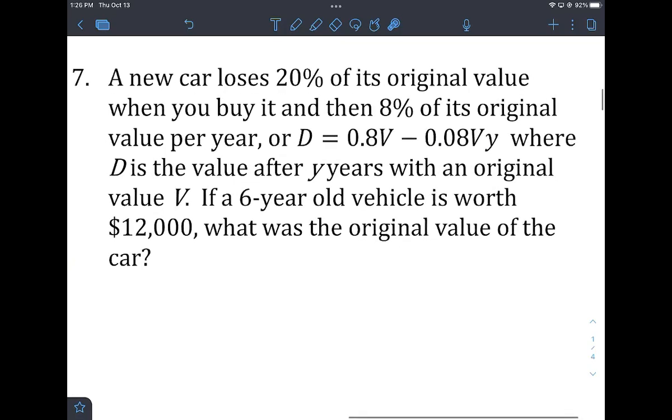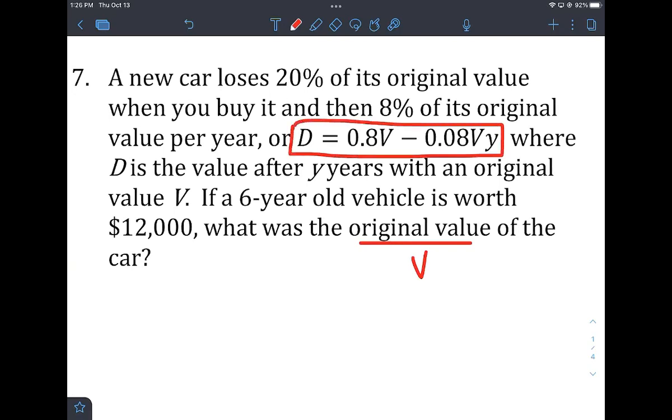If a 6-year-old vehicle is worth $12,000, what was its original value? They've given us the variable capital V. So find capital V in this equation by plugging in what for D? 12,000.